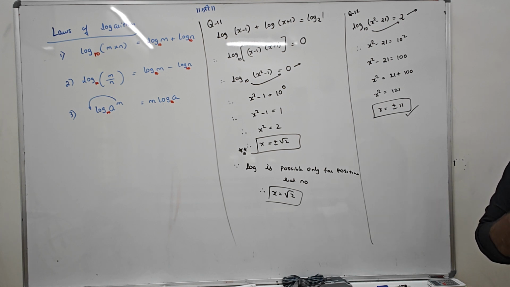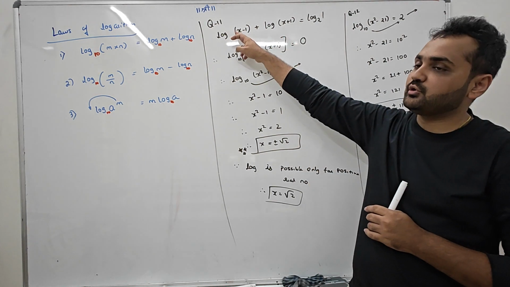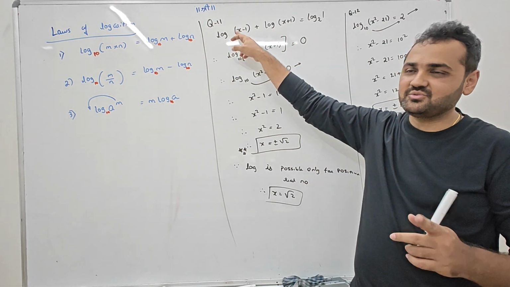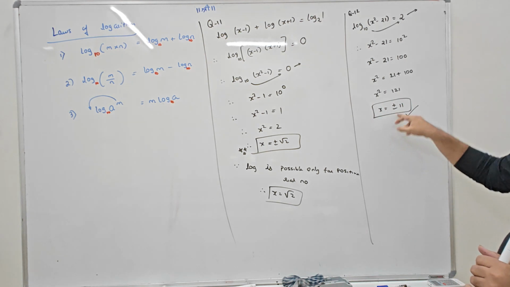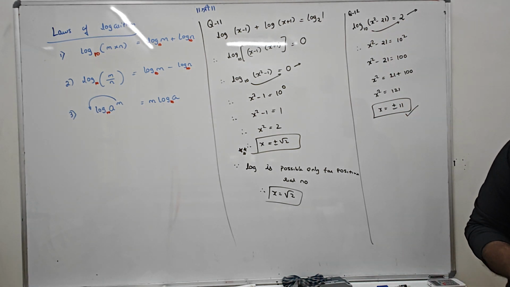If log doesn't turn out to be a negative value, then you can go ahead. In this case, if I substitute minus root 2, it becomes negative, so not possible. Here minus 11 still gives a positive value, hence continue. Are you all okay with this?